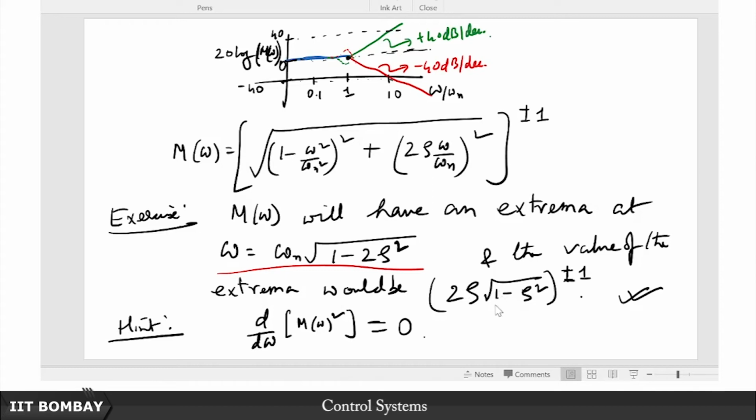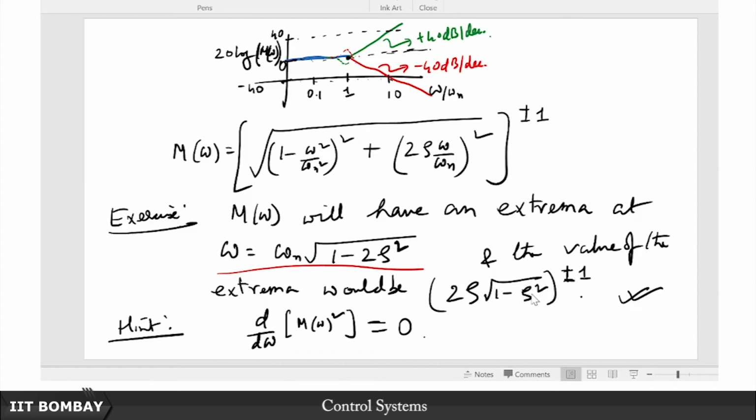If you reduce zeta from 0.7 to let us say 0.1, what happens to this value at 0.1? This is 1 minus 0.1 squared, that is almost 1 minus 0.01, which is almost equal to 1. So, you see this factor, 1 minus zeta squared under root, does not change too much.